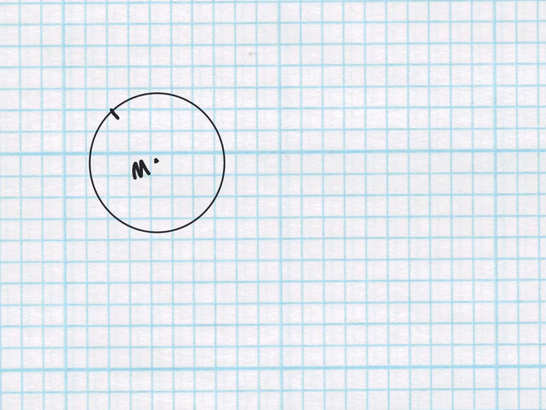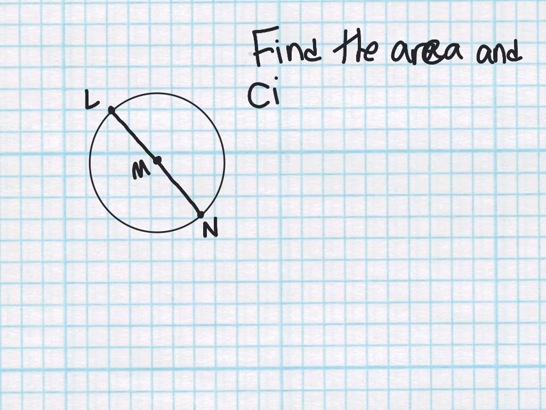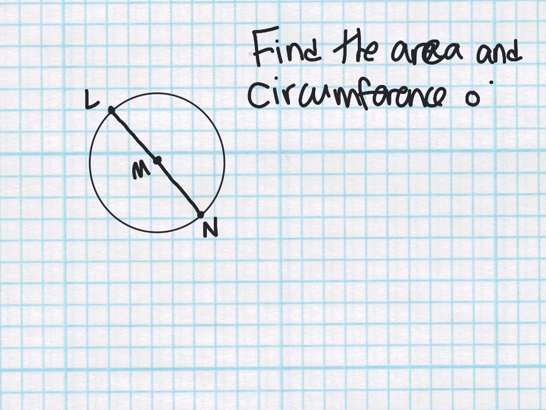So I'm going to go from one side through the center point over to the other side. So circle M, let's call this point over here L, this point N. So I'm going to say find the area and circumference of circle M.